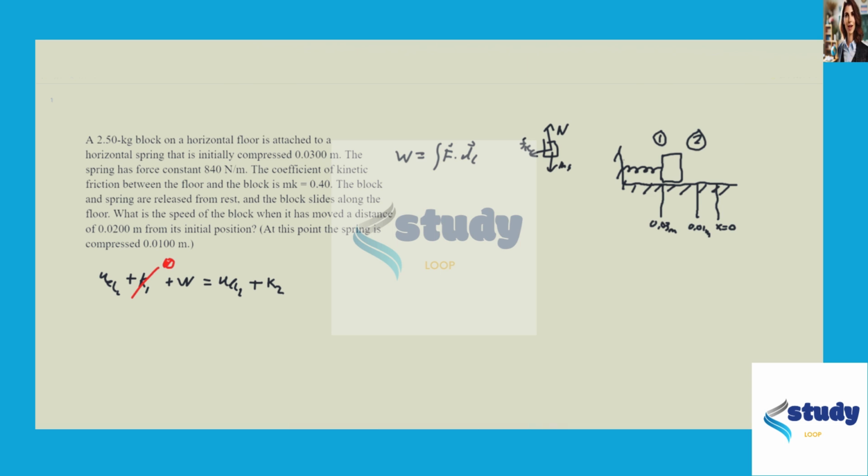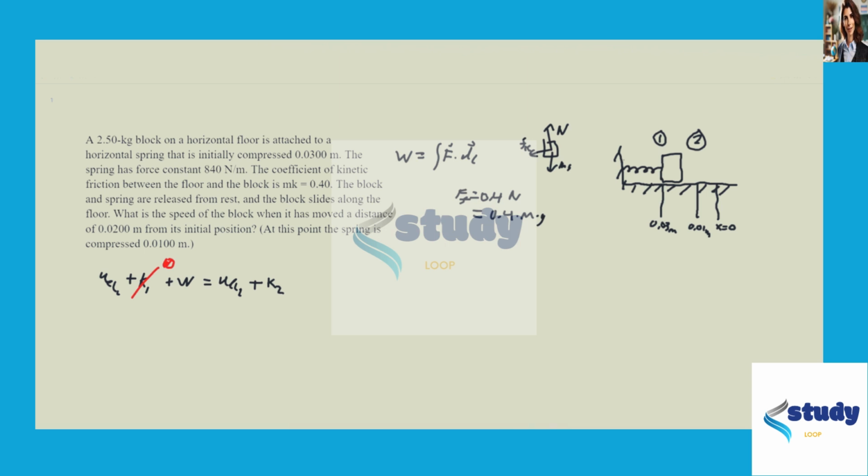Since the block is not accelerating up or down, the normal force is equal and opposite to gravity. So the friction force is 0.4 times the normal force, which is 0.4 times the mass times gravity. We know the mass and gravity, so that's just a number.